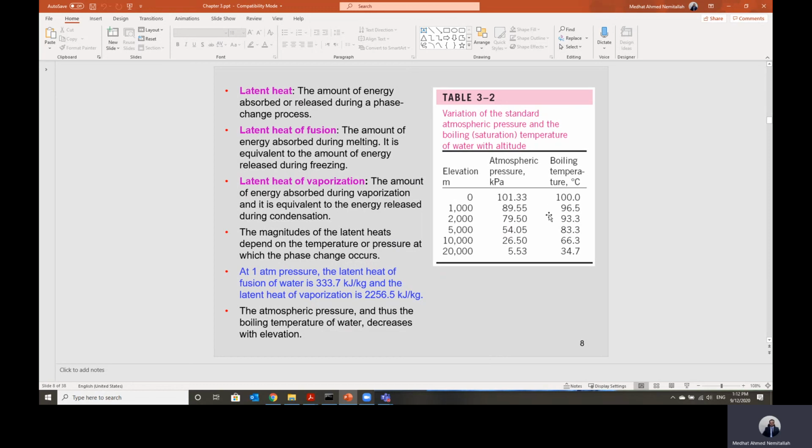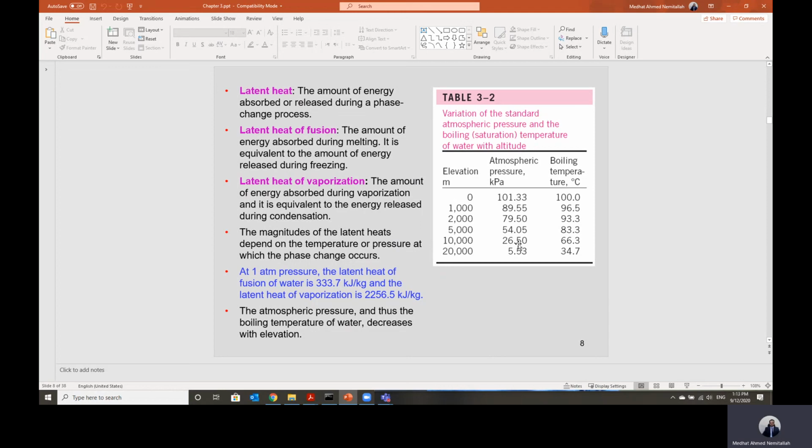Reducing the pressure reduces the temperature at which we have phase change, the boiling temperature. In civil aviation, airplanes usually fly at a height of 10,000 meters or 10 kilometers.